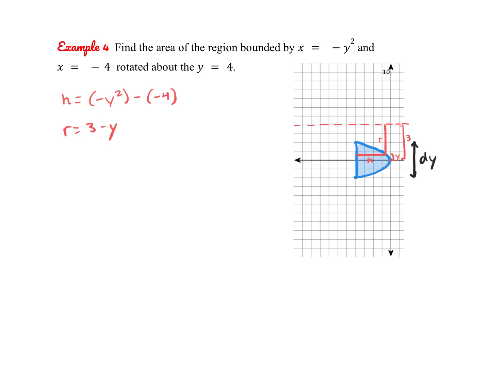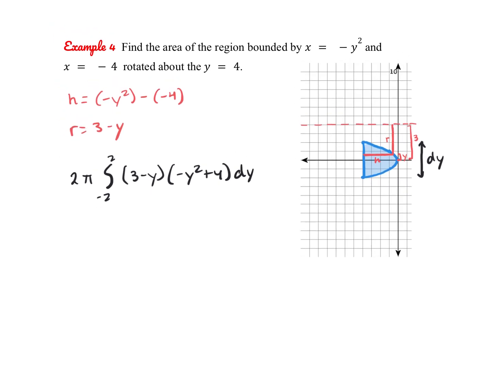So now I have all the information I need. So we say 2 pi, and then again we're integrating with respect to y, so from -2 to 2. And then we have r, and then h, -y squared plus 4 dy. So just be really careful that you know the orientation of your rectangles.